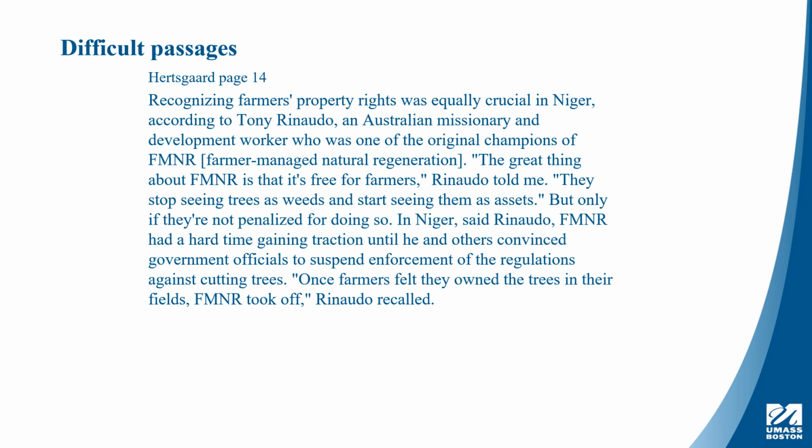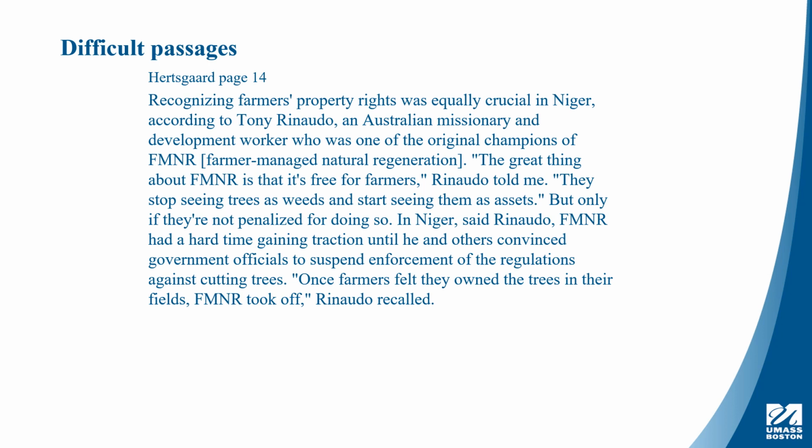"Recognizing farmers' property rights was equally crucial in Niger, according to Tony Rinaldo, an Australian missionary and development worker who was one of the original champions of FMNR, Farmer Managed Natural Regeneration. 'The great thing about FMNR is that it's free for farmers,' Rinaldo told me. 'They stop seeing trees as weeds and start seeing them as assets, but only if they're not penalized for doing so.'